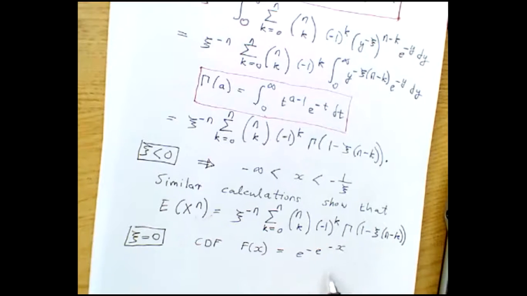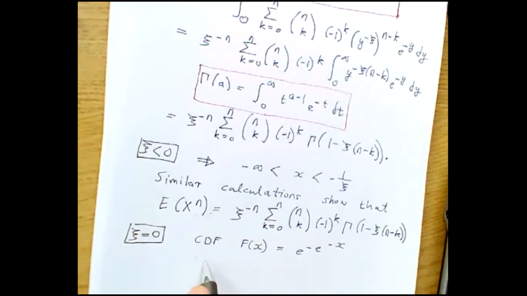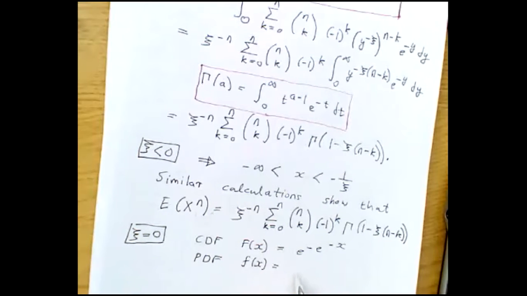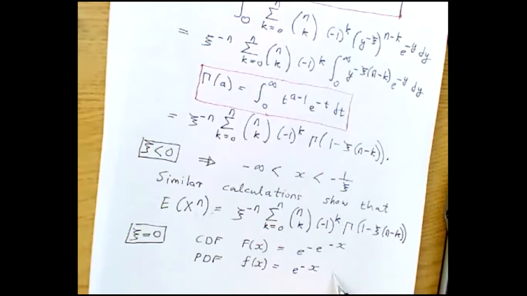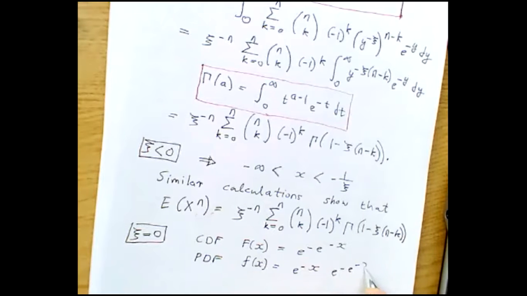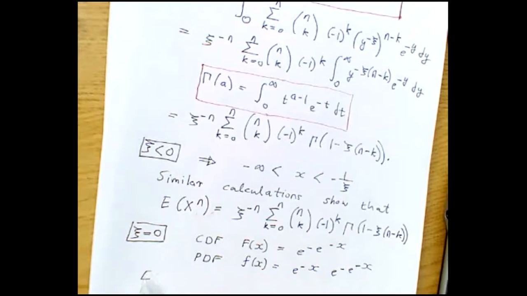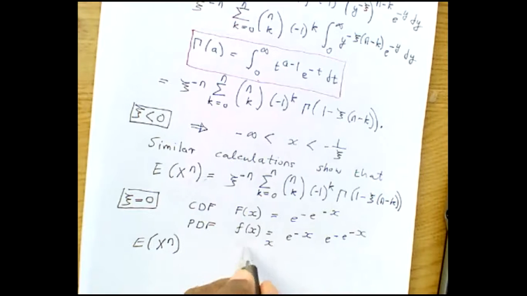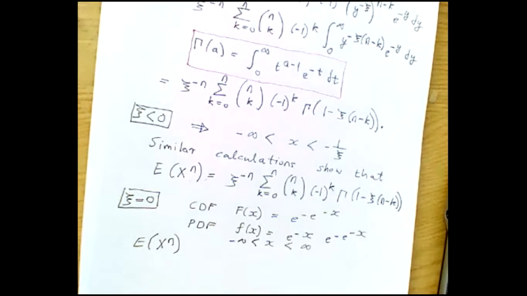I think I proved this in class some time ago, you may recall. And the PDF, which is the derivative of this, is equal to this, right? We also need the domain for x. The domain for x is from minus infinity to plus infinity.